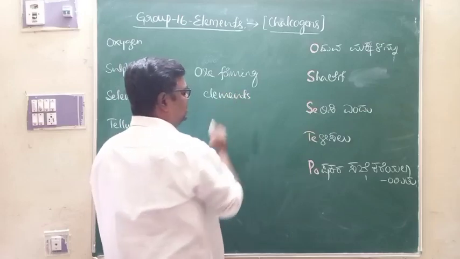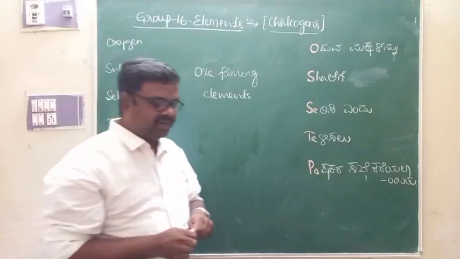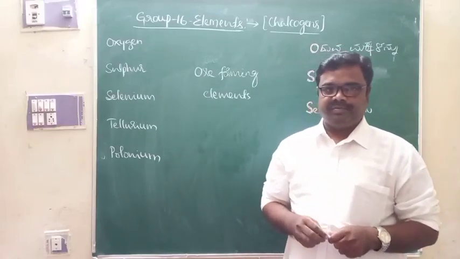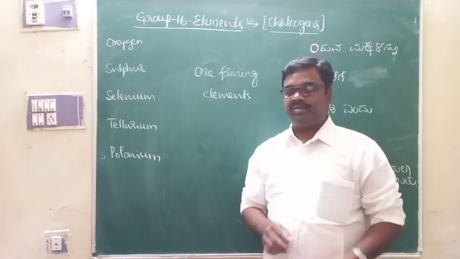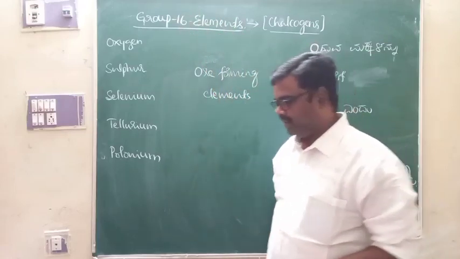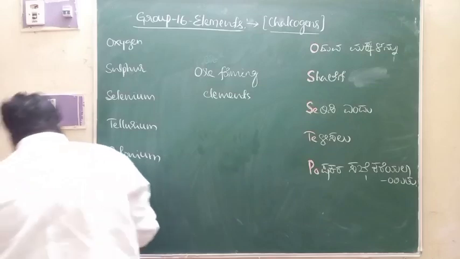These are the elements which participate in the formation of varieties of ores, varieties of minerals. Because of that, group 16 elements are called chalcogens, or ore forming elements.